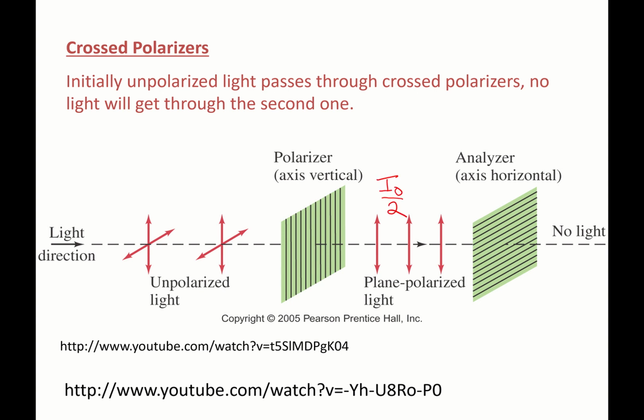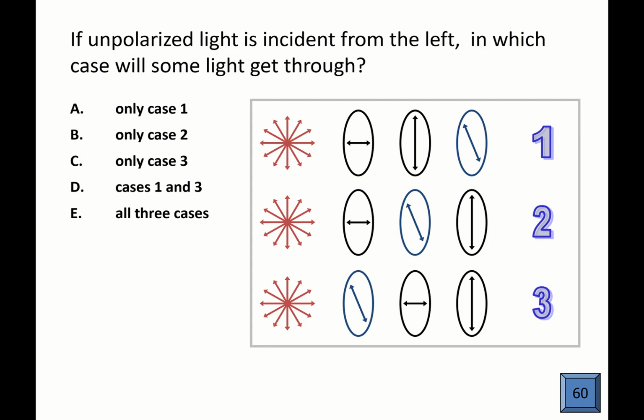So the intensity goes to I0 over 2, and all the light that goes through is polarized in the same direction as the polarizer axis, so vertically. When it hits the second polarizer, now all the light is vertical and the polarizer is horizontal, so all the light is perpendicular to the second polarizer angle, and no light is going to get through. So when you have crossed polarizers, no light can get through.